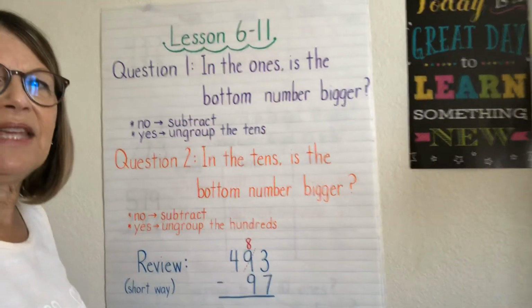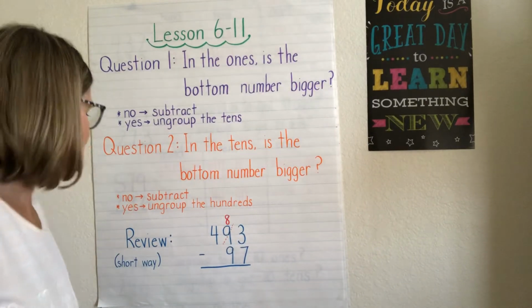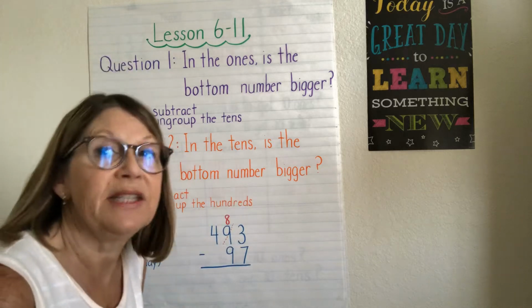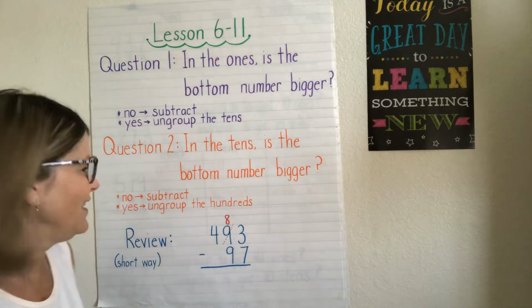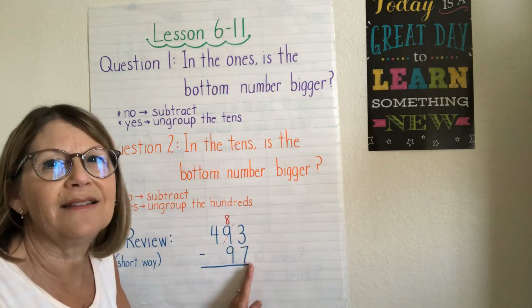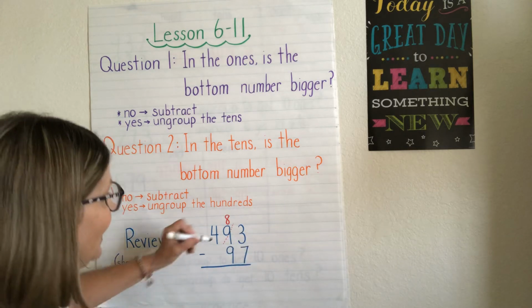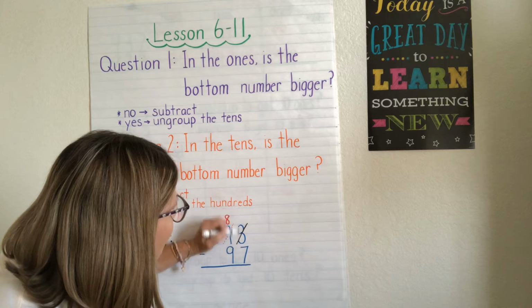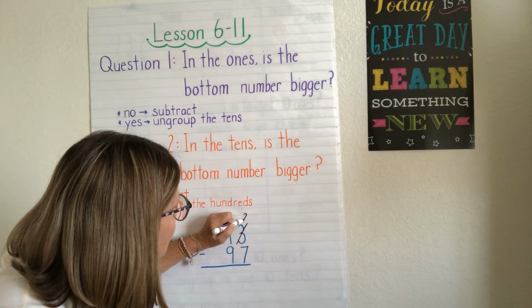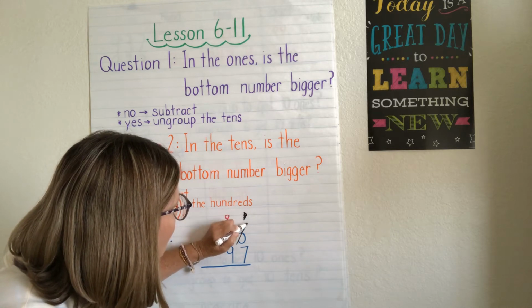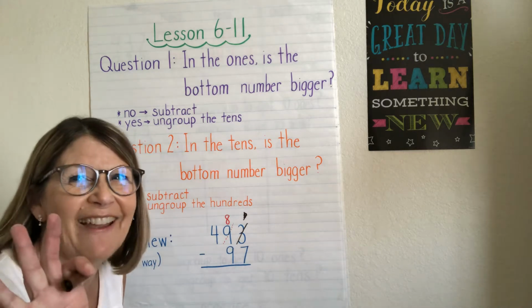Let's do one of these as an example. So I want to remind you, this is the short way to do it. I'm looking at the ones. In the ones, is the bottom number bigger? Yes, it is. So my 3 is going to become a, whoa. Just made a mistake. Sorry, guys.